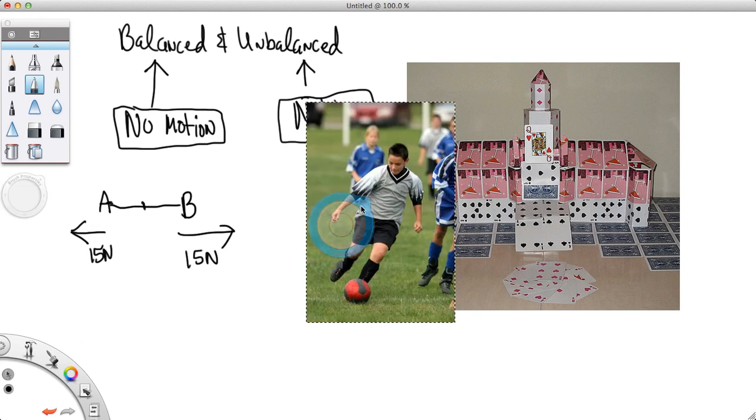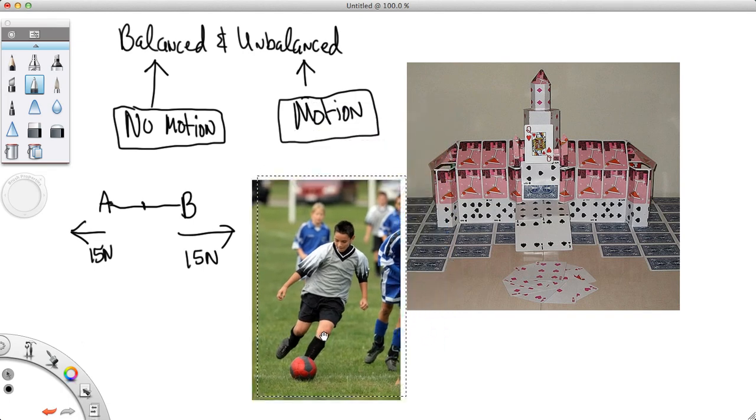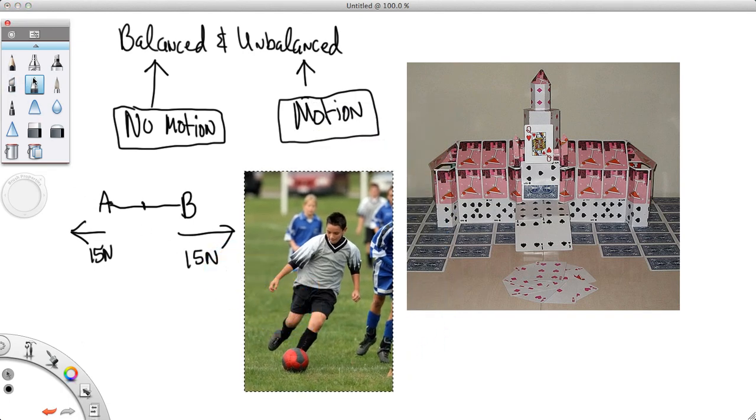Now with an unbalanced force, which is what this is, because you have the kid here, he's kicking the soccer ball, which means the force of his foot kicking the ball is greater than the force of the ground holding the ball.